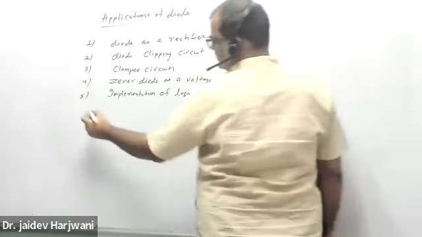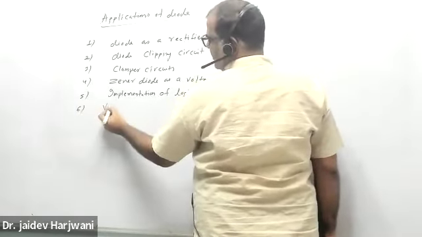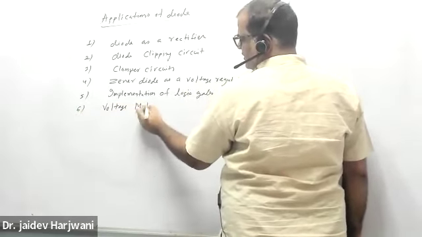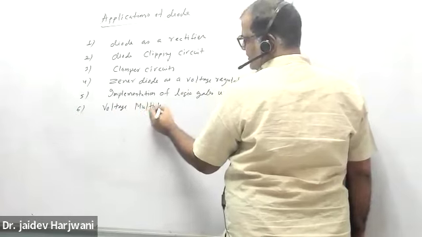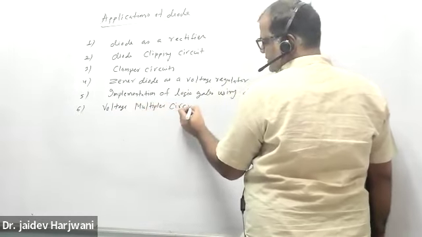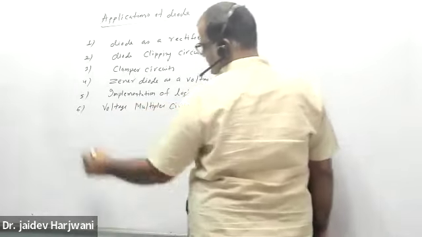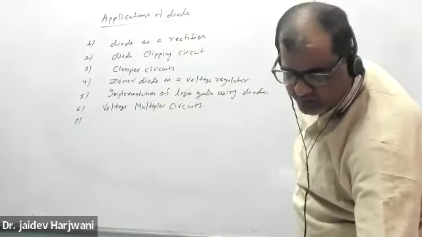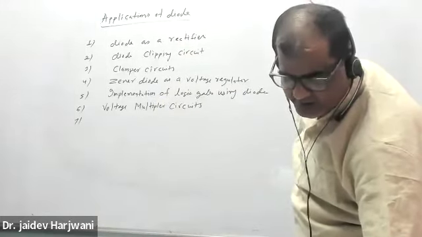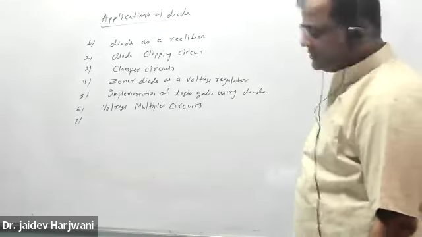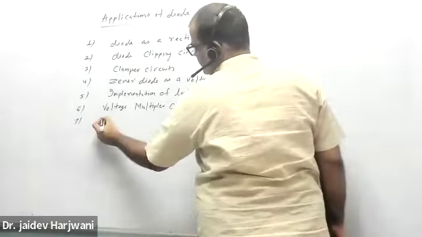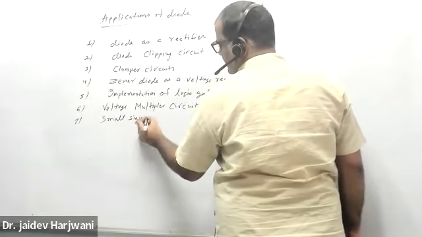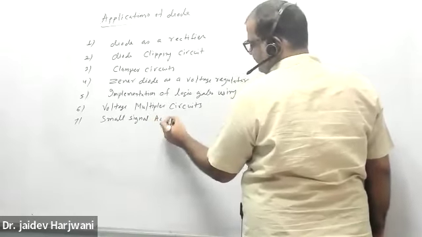And then we'll see voltage multiplier circuits. And the last, we'll see how to deal with diode for AC, for small signal AC source. Small signal AC analysis of diode.